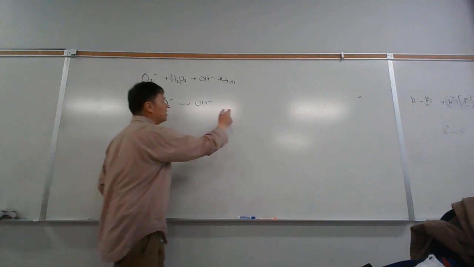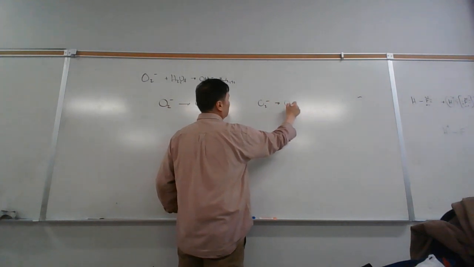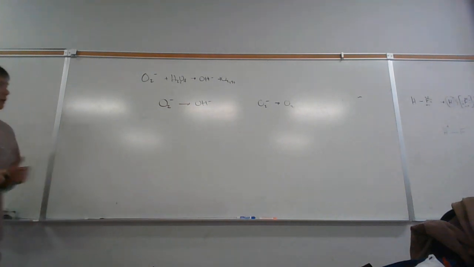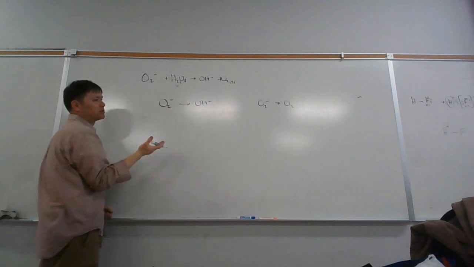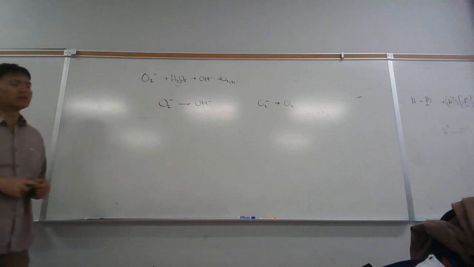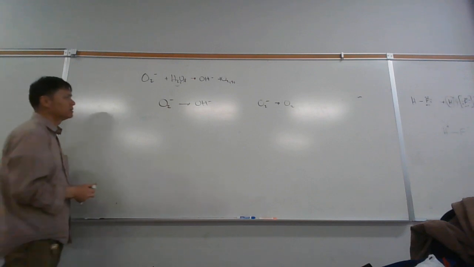Superoxide goes to hydroxide, and superoxide goes to oxygen. That's what it looks like. Because waters we don't have to really worry about. Water and H+, because those will balance in the end, if there's something missing. So we can just try this and see what happens in this particular instance here.